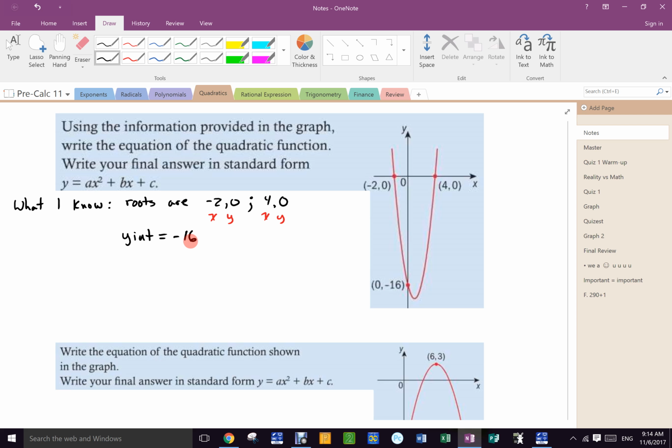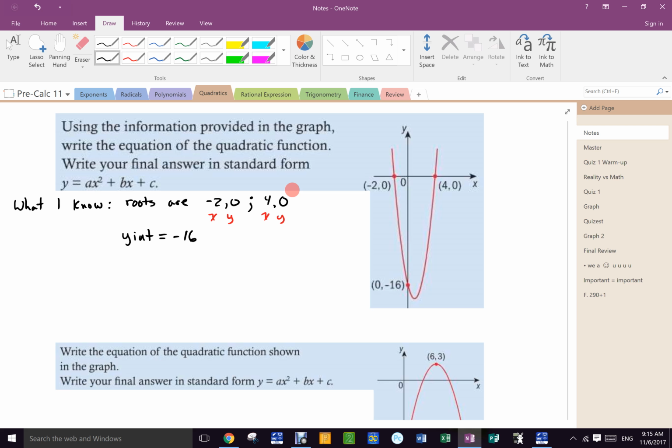Which section on page 110 uses the roots? Wrote them all down.